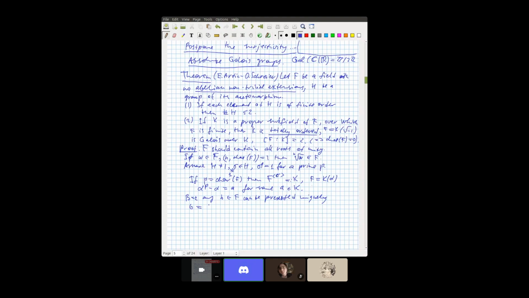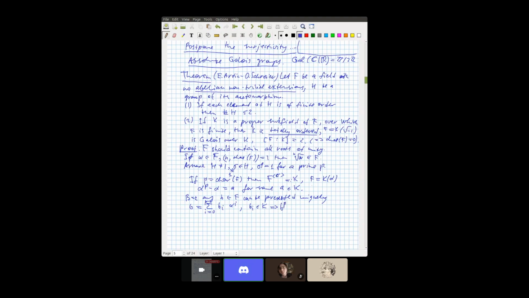It will be a linear combination of powers of this alpha with coefficients in K. So it will be b equals the sum of b_i alpha to the i, where b_i are elements of K. Now let's apply this Artin-Schreier map to b.